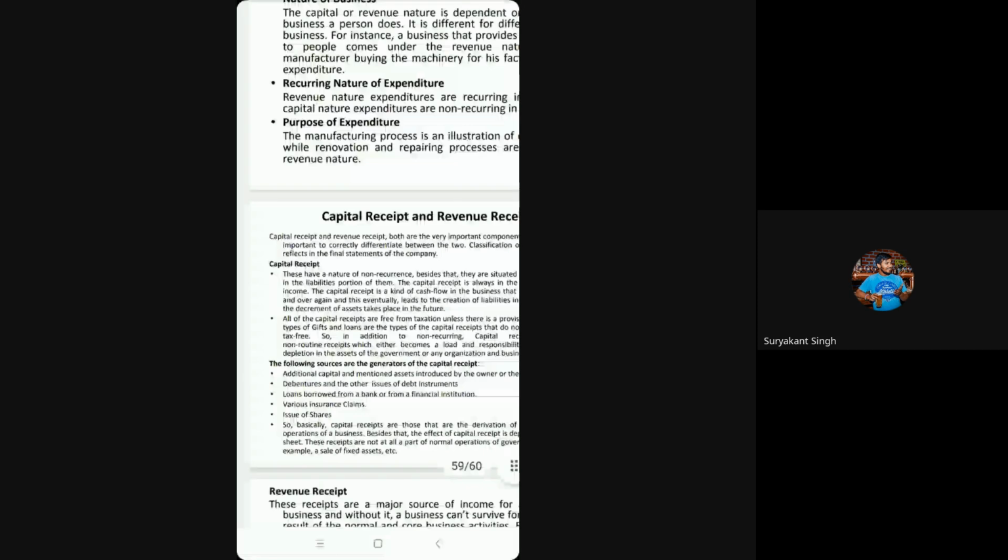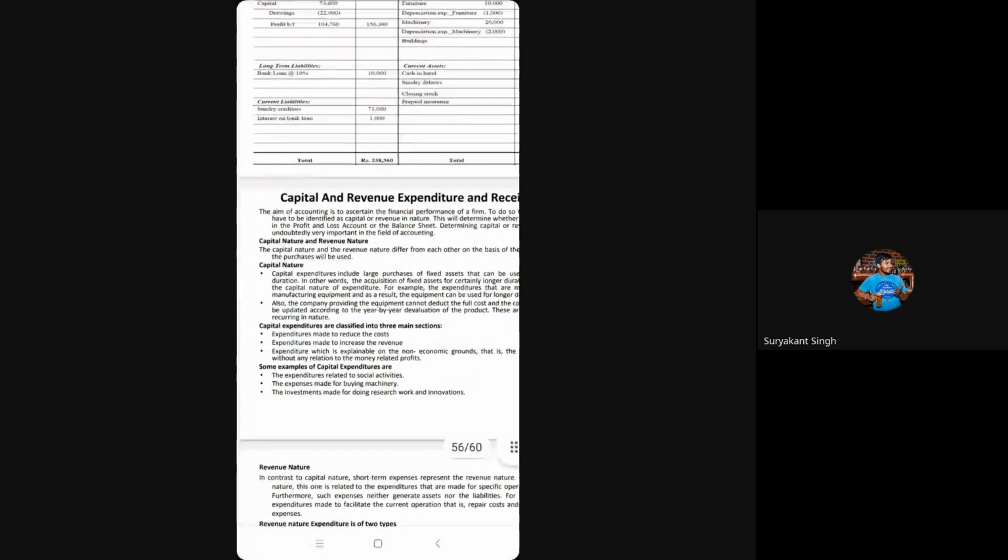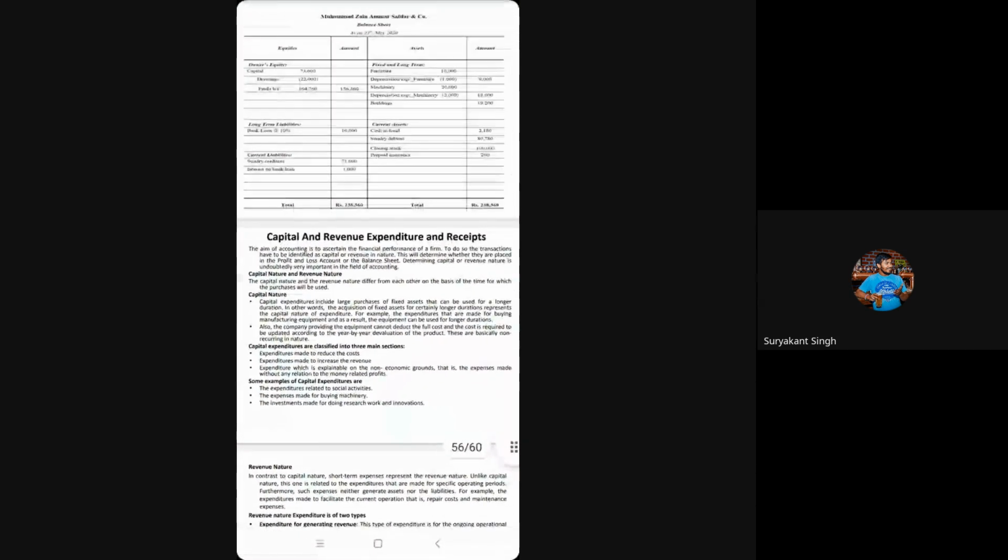Then one more theory part which I have given in this PPT, capital and revenue expenditure and receipts. What is capital expenditure? What is revenue expenditure? If the benefit is for more than one accounting period, it is called capital expenditure. Yes, very good.